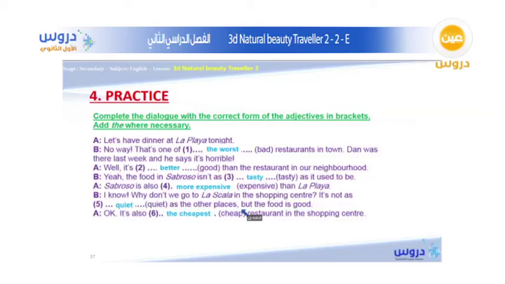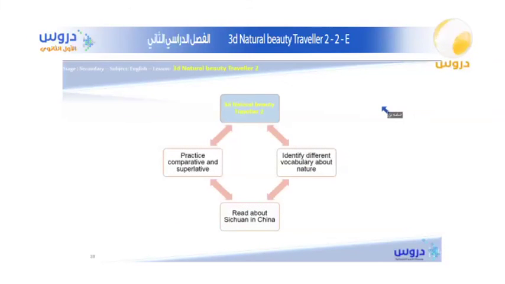Quiet, the same as the other places, but the food is good. It's also the cheapest restaurant in the shopping center. The cheapest, not cheaper, the cheapest restaurant in the shopping center. So we have the comparison between one restaurant and the others, a lot of restaurants besides this restaurant.